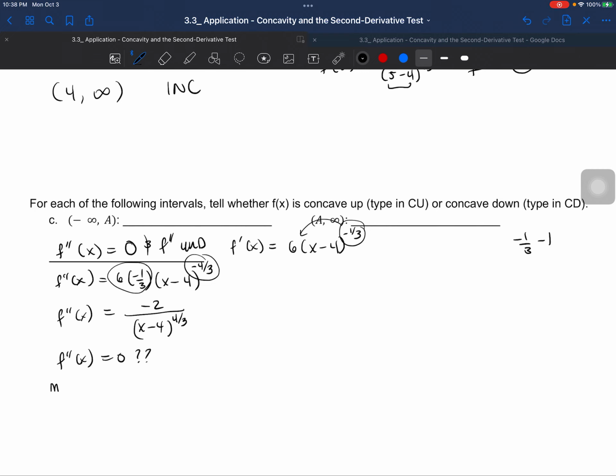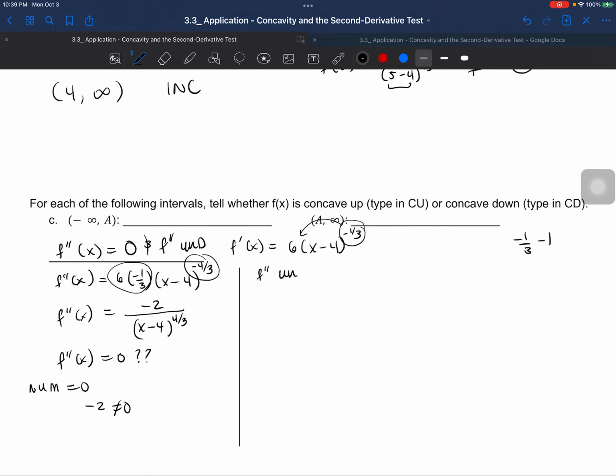Can this equal 0? Well, no, because that means the numerator has to equal 0, and we know that -2 cannot equal 0. Remember that this whole thing can only be 0 whenever the numerator is set equal to 0. So that's not going to happen because -2 cannot equal 0.